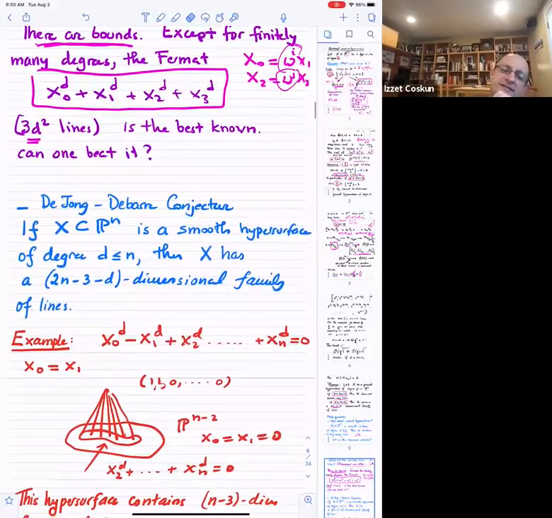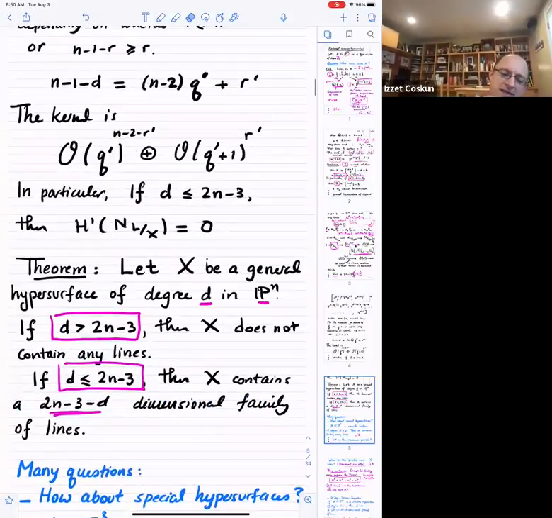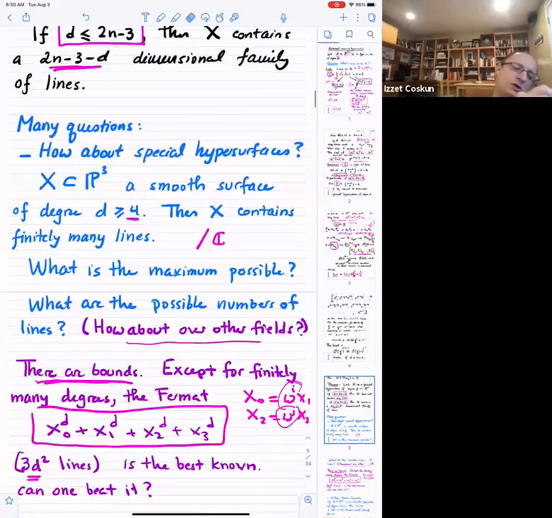The other interesting question is that, you see, the general hypersurface has a 2n minus 3 minus d dimensional family of lines. But there can certainly be special hypersurfaces with more lines.